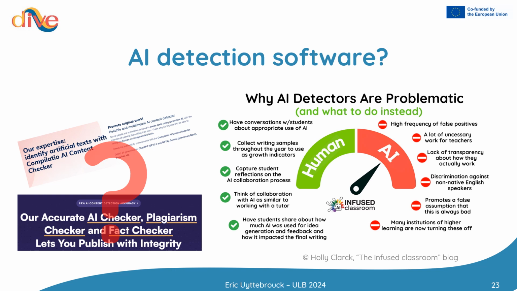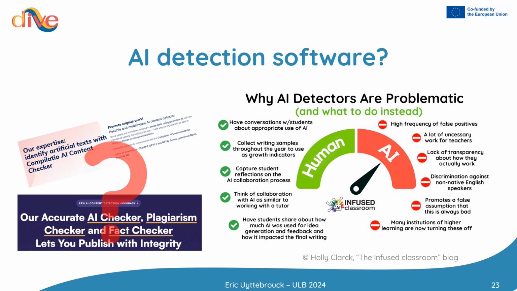Many of our teachers are concerned about the impact generative AI like ChatGPT can have on assessment and exams. Logically, many of them ask about the possibility of using AI detection software. And indeed, many companies offer products claiming to be able to detect AI-generated texts with a high level of accuracy. However, like many universities, we do not recommend the use of such software.